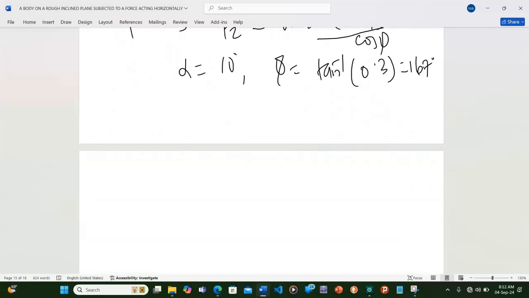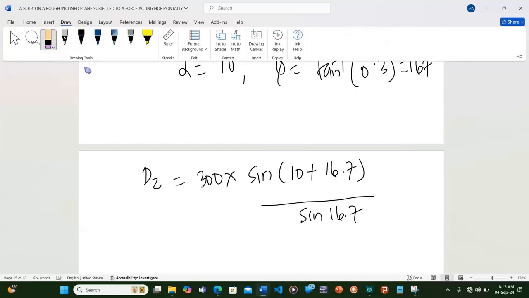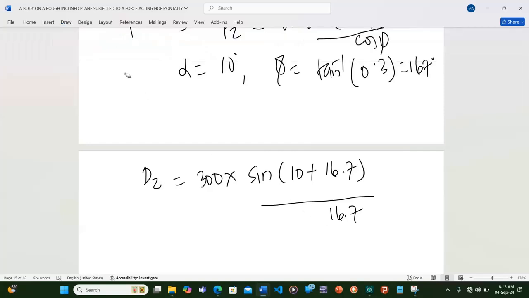So what does that mean? Our P2 will therefore equal W, which is 300, times sine of 10 plus 16.7 divided by cos 16.7.